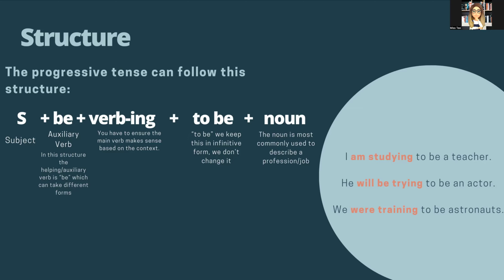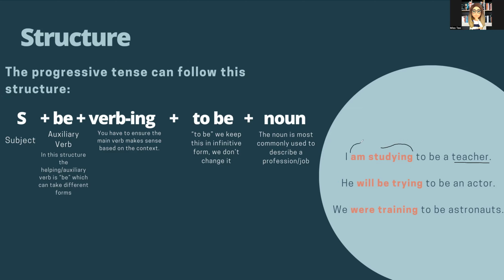So to break this down, we're going to look at a few examples. We have, I am studying to be a teacher. I am studying to be a teacher. So this is a profession and job, and I am studying.